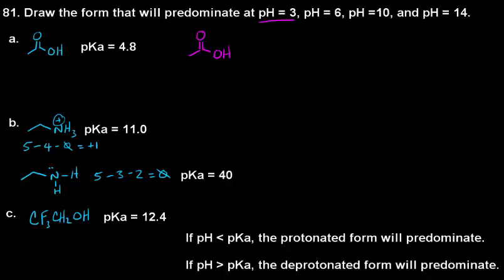How about this positively charged ammonium? The pKa is 10, and at pH 3 the pH is less than the pKa, so we're going to retain that overall NH3 positive structure. For this neutral amine, the pKa is 40, so the pH is much lower than the pKa, and this guy is going to remain just as it is.